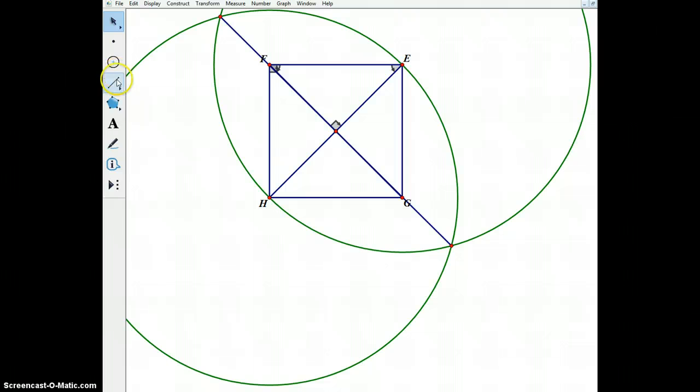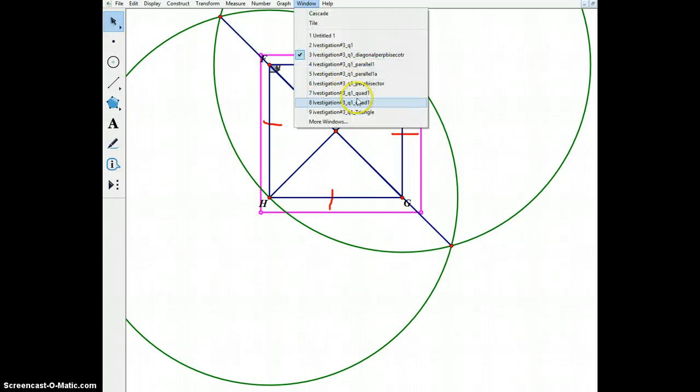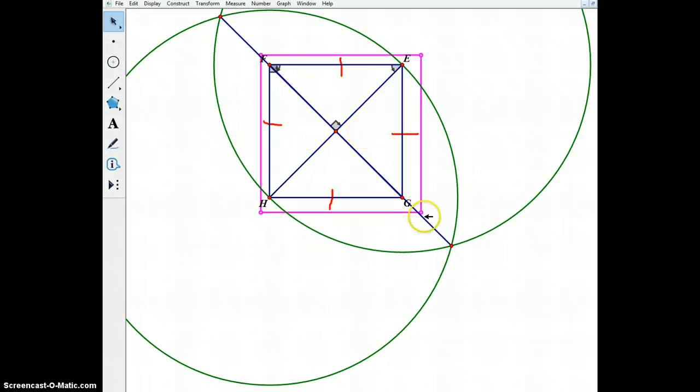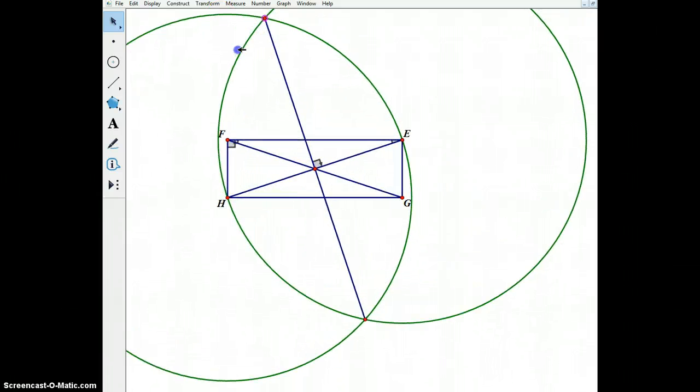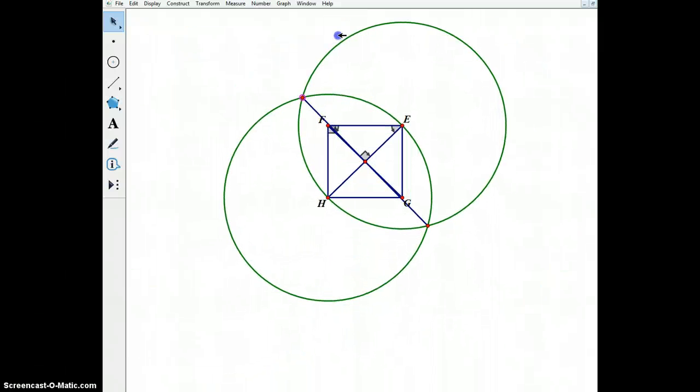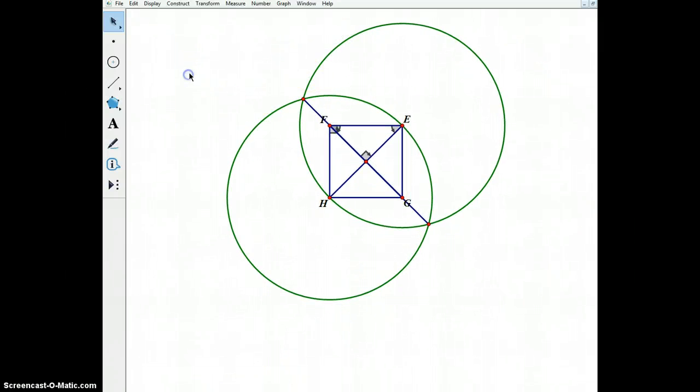We notice that since this triangle, this triangle, this triangle, and this triangle are all similar, all these sides are equal. Namely, we have a square. So, the only time that a rectangle has the diagonals as perpendicular bisectors is when the shape is a square.